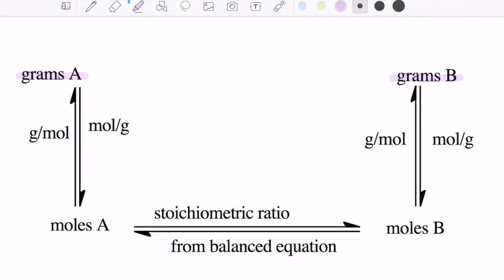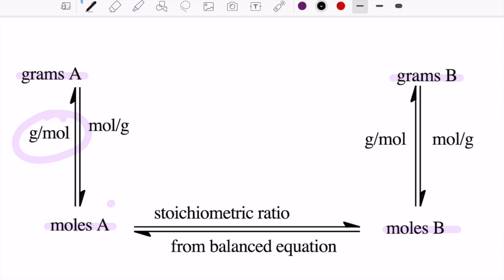Sometimes maybe you'll start off with the moles of one compound. It really depends on the complexity of the problem. But if you are given grams of, let's say, compound A, and you want to get to grams of compound B, you want to go from grams to moles, right? And that's that molar mass that I was talking to you about. And then you're finally in moles of A, and you want to get to moles of B, and you're changing compounds.